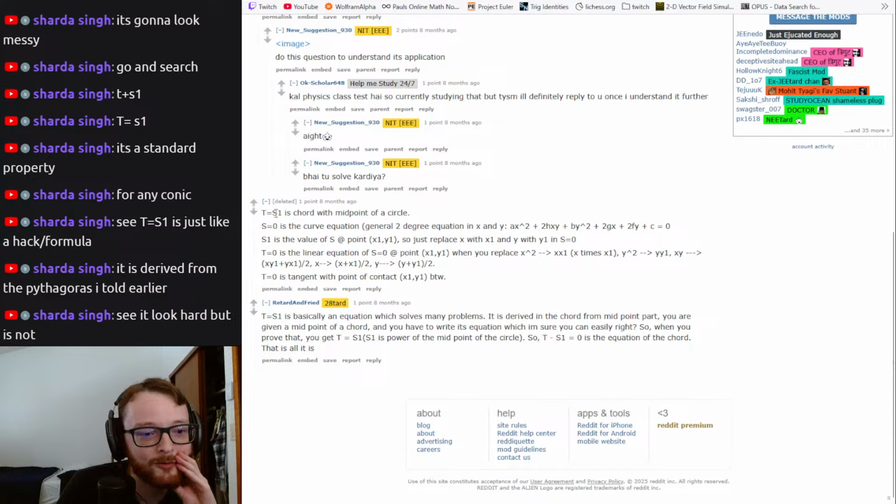So S1 is a point on the circle in this case. Wait, yeah. What is the value of S?